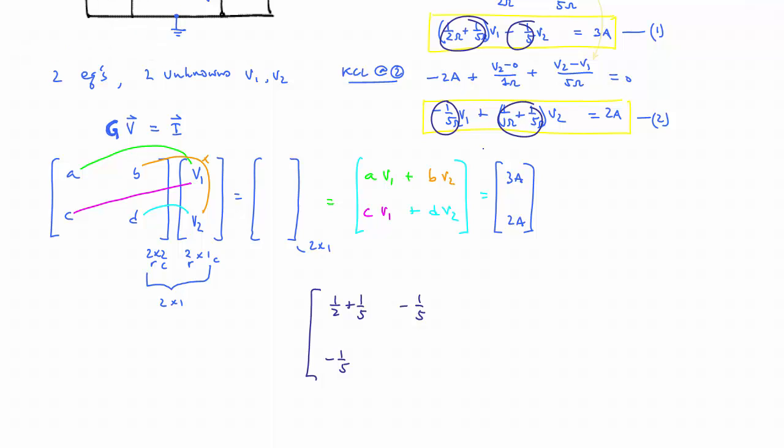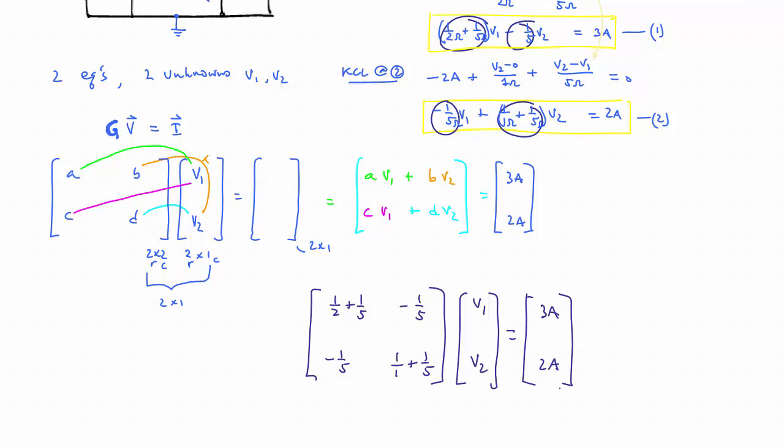Here, and then lastly from here. That's going to be times the V1, V2 vector, and all of that is going to be equal to 3 amps and 2 amps. And this is what we call our matrix form for our system of equations.